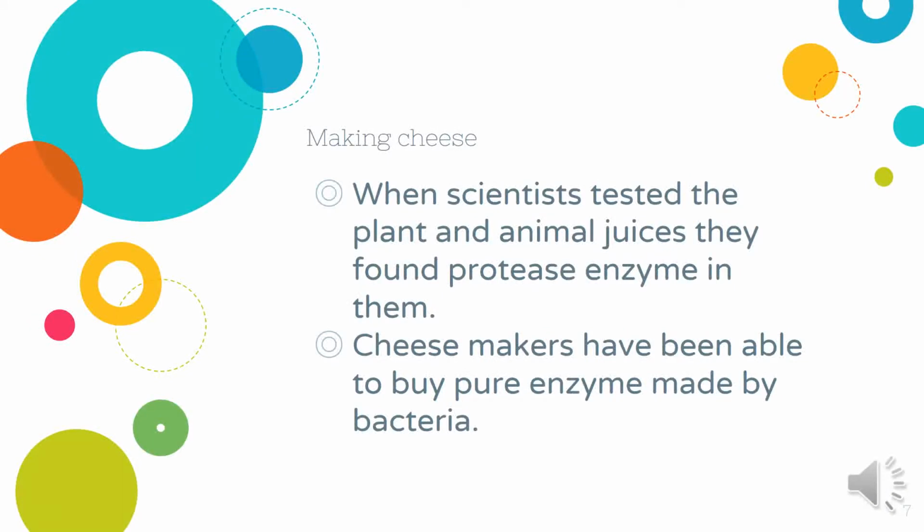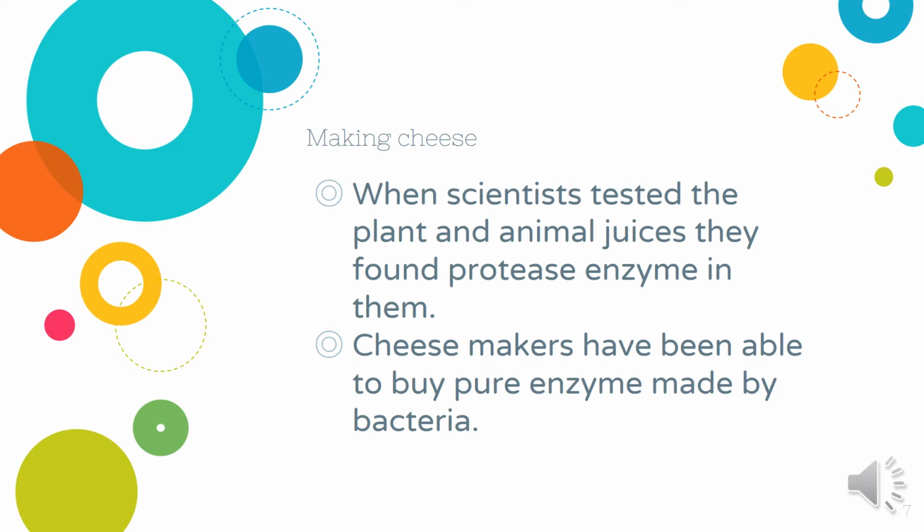So, making cheese. When the scientists tested plant and animal juices, they discovered what? They found protease enzyme in them. And so the cheese makers have been able to buy pure enzyme made by bacteria.